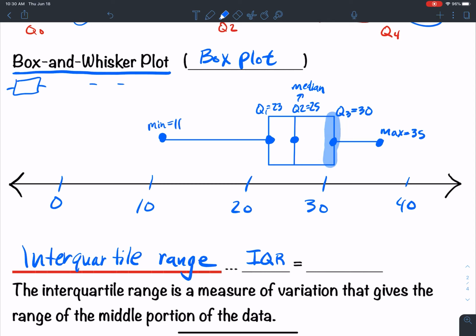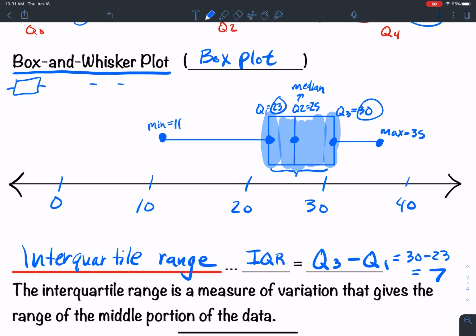It's from Q1 to Q3, right? So it's Q3 minus Q1. That's how I get the range. So my range here would be equal to 30 minus 23, which is equal to 7. So the interquartile range, this range here, is equal to 7.